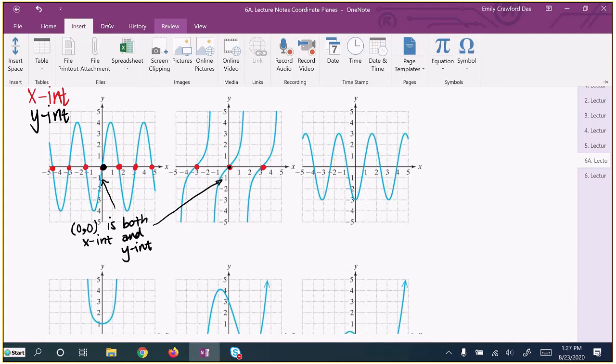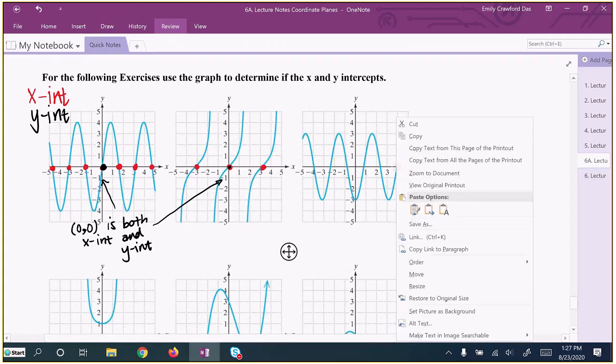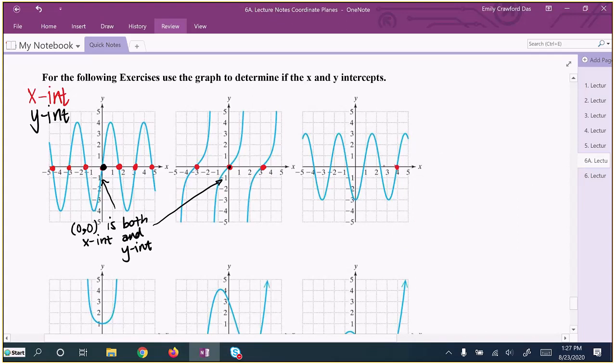Now what about the third graph? The third graph we've seen before, and we said it was an even function. Let's find its x-intercepts. Well, it crosses the x-axis here, and here, and here, and here, and here, and here, and just like the first graph, it looks like it keeps going in this pattern, so probably it crosses the x-axis many other places. And where does it cross the y-axis? Just here.